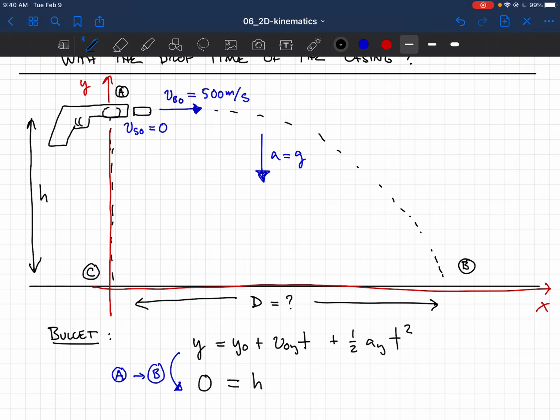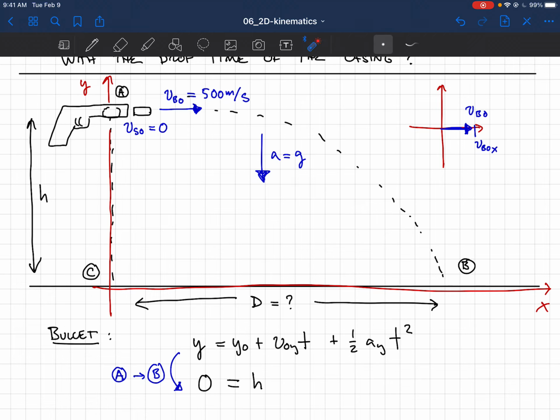And my initial velocity in the y direction. I can look at my initial velocity vector, and place it on the same coordinate system that I've chosen. So here's my initial velocity vector, v bullet naught, and this is the x component, but that's not what I'm looking for in this equation.